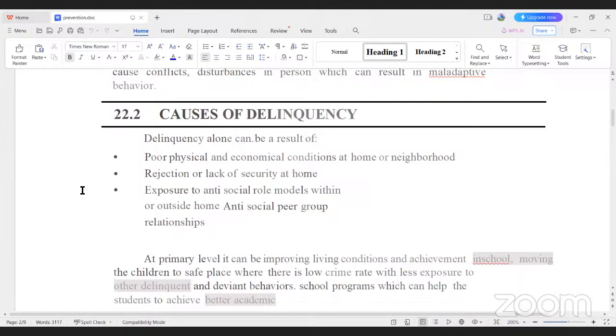And rejection or lack of security at home, those people also will suffer. Exposure to antisocial role models within or outside the home, antisocial peer group relationships. All these things will affect and cause delinquency, particularly in children.